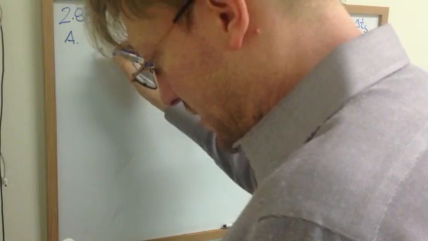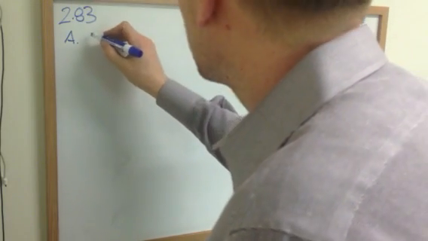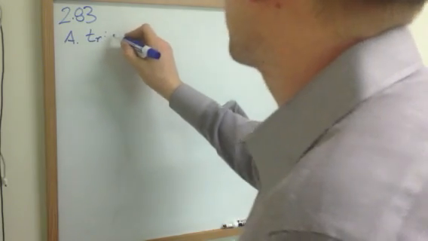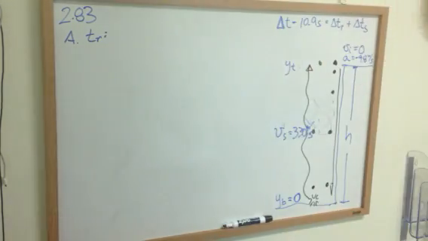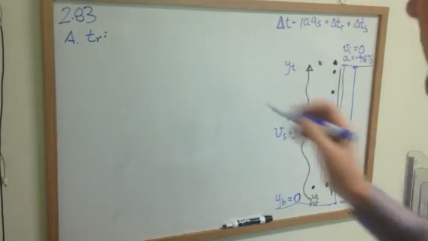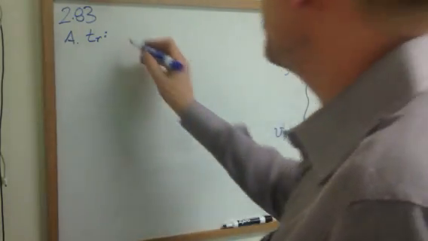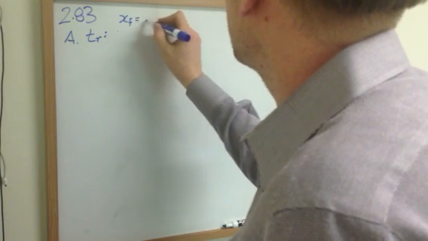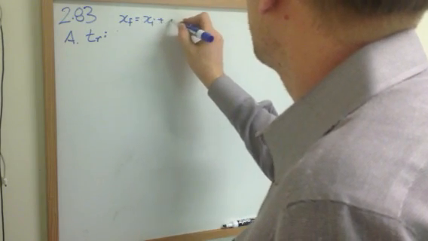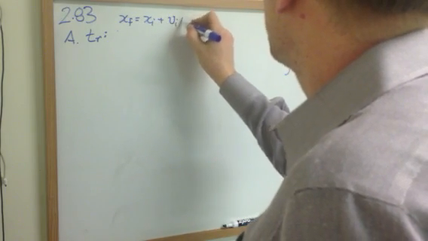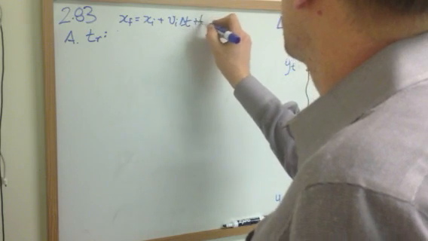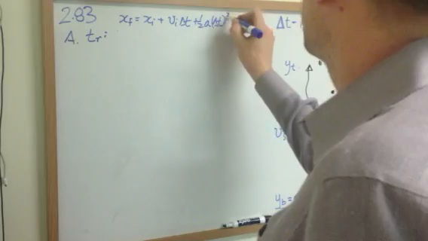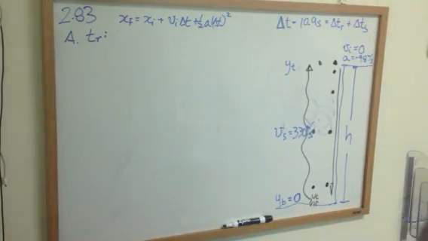Let's try to find the time that the rock falls. So T rock. And what kinematic equation would we use? Well, we know position information. We'll use the standard kinematic equation. Your final position is equal to your initial position plus your initial velocity through time plus 1/2 the acceleration through time squared.